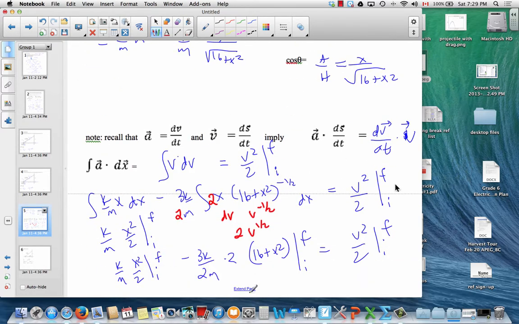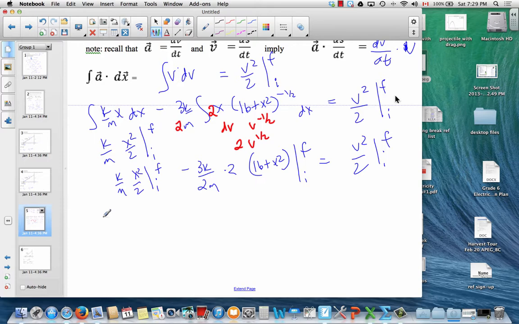So this is k over m, k over 2m, and this is final was 1, initial is 2, this is 3k over m, so final is 1, oh I forgot the half there because it should be 2v to the half.